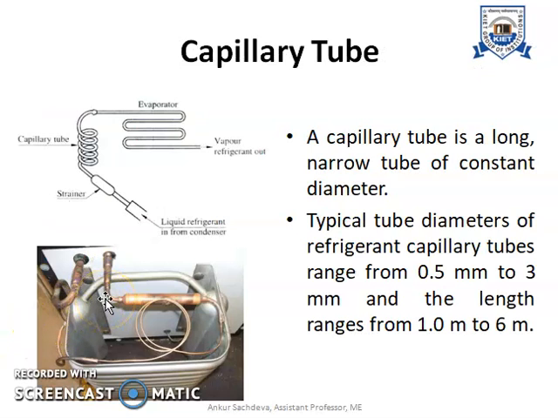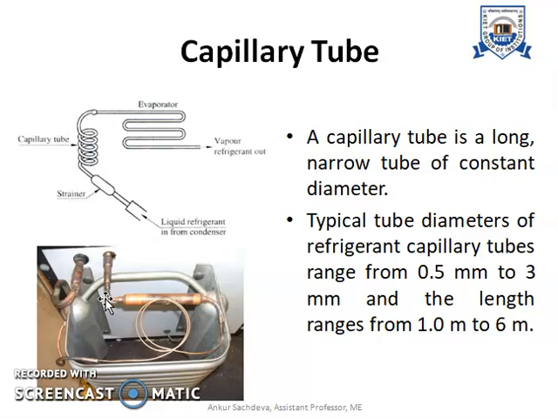Now this is the slide which shows the simplest of the expansion devices, that is the capillary tube, and you have seen this capillary tube in your RAC lab also.